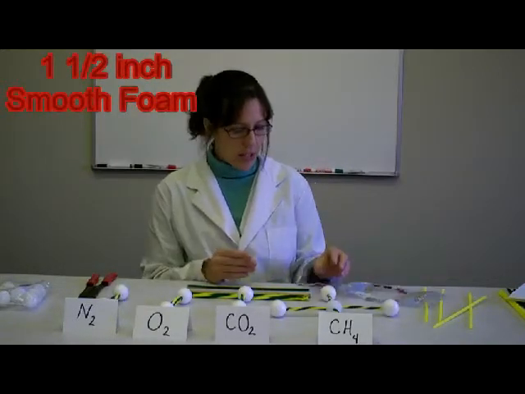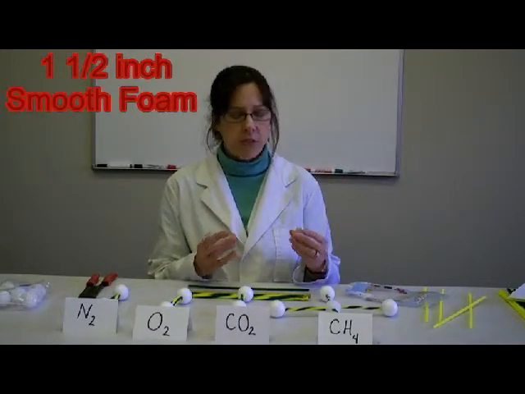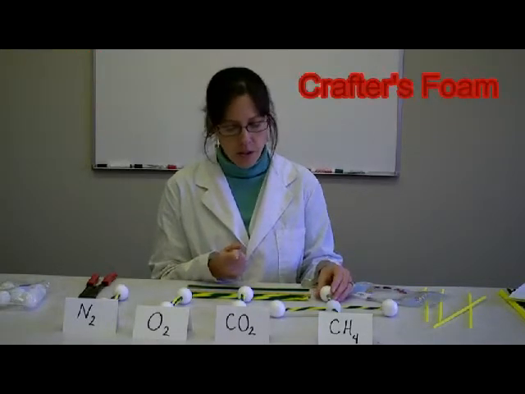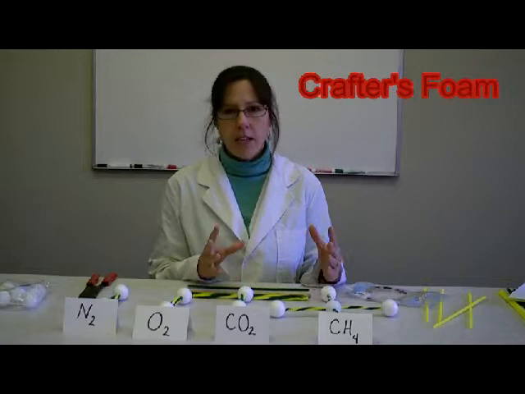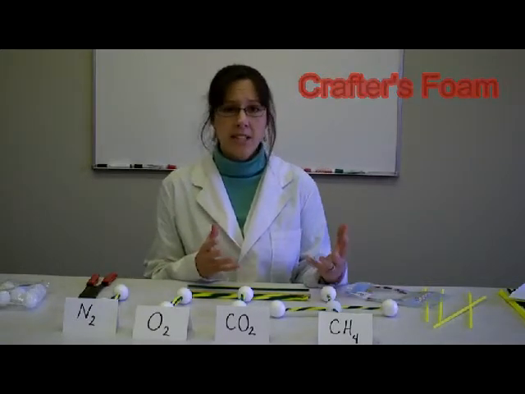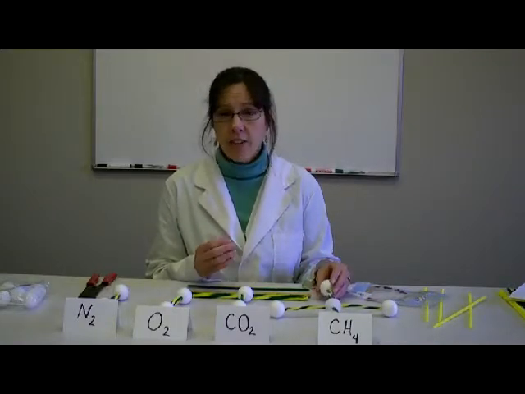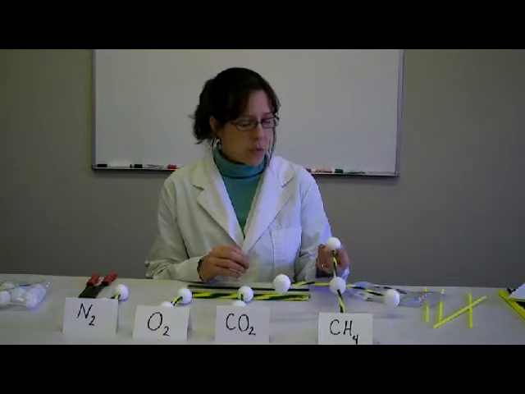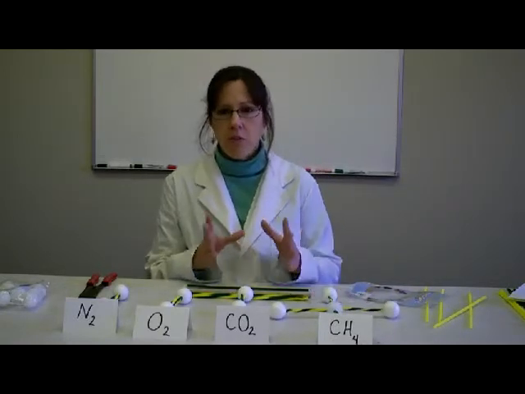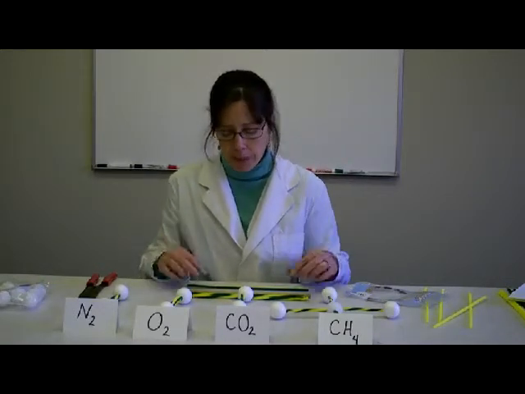They're a little stiffer, with a smooth coating, a little harder to get the pipe cleaner poked in, but they held up really well to a lot of shaking. They also have a little bit more mass, which was really helpful in this experiment. They're 1.5-inch styrofoam balls, and these smooth ones also have a line around them where they were formed, which is really helpful for orienting how you're going to connect these styrofoam pieces.